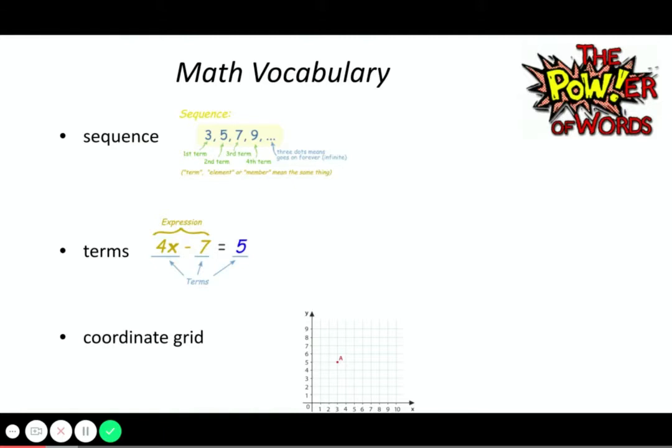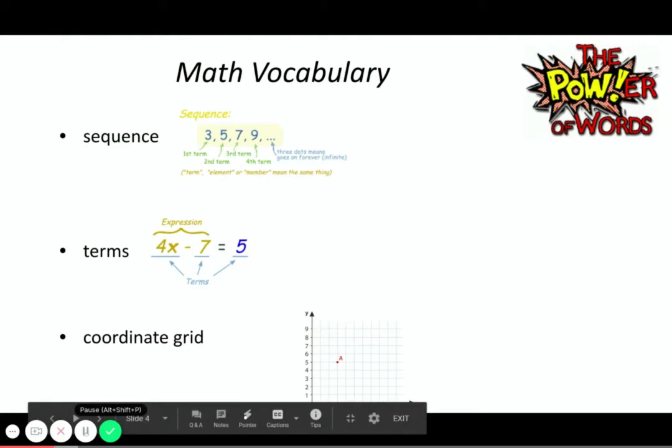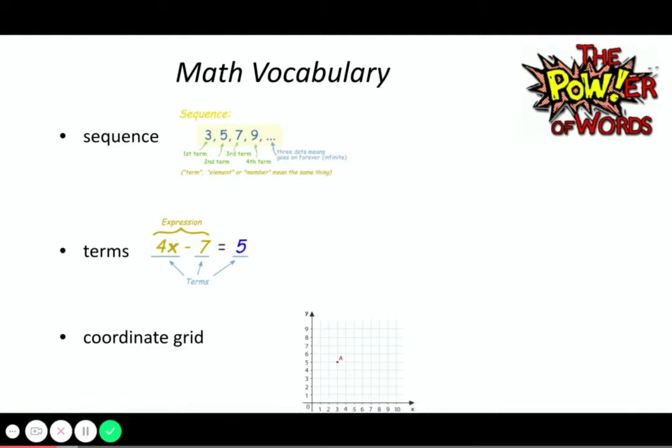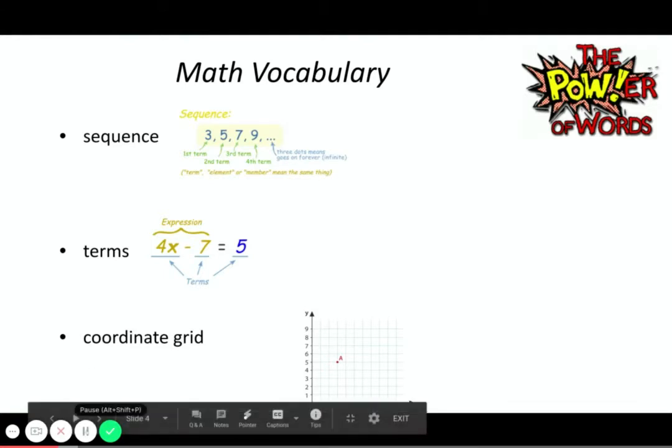And you see the term here, the coordinate A, which is 3 on X, which goes horizontally from left to right, and 5 on Y, which goes vertically from bottom to top here, making the coordinate pair 3, 5. Before moving on from this page, make sure that you copy these terms in your notebook so that they can help guide you through the lesson as you continue to hear the terms.